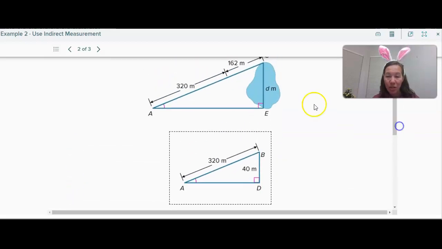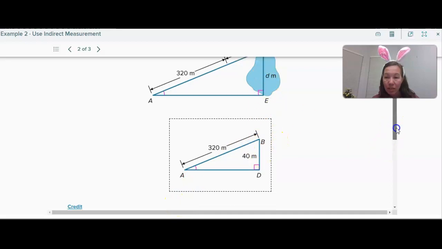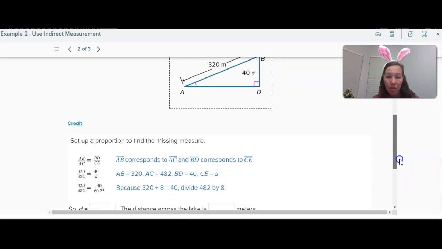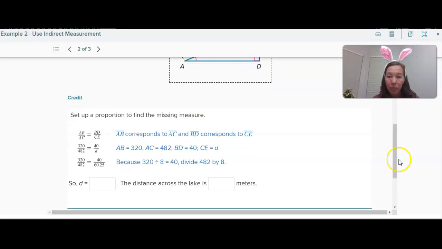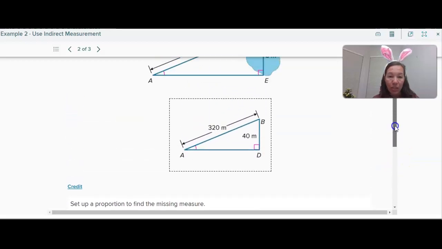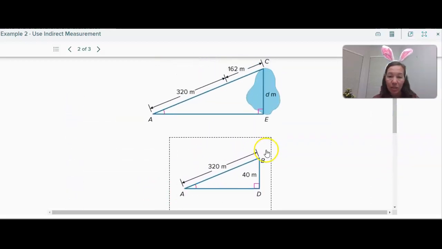Okay, so now if we want to find this missing side here, I'll keep it the same, so it's the same as in your book. AB over AC, so this side over this whole side equals BD over CE.